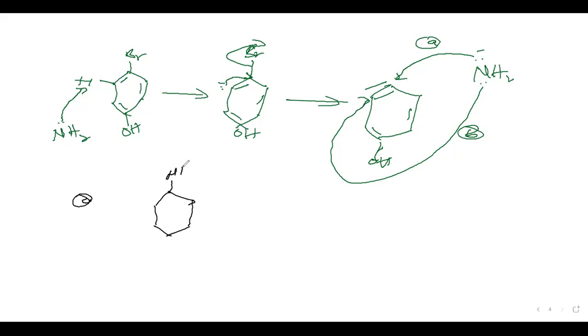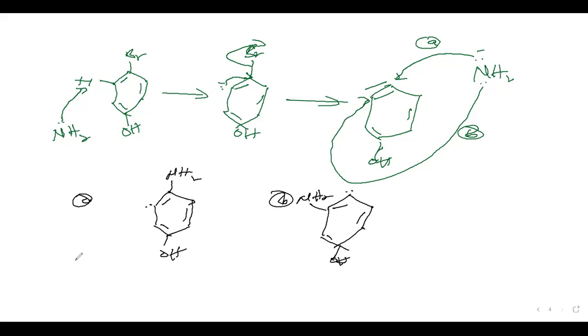The NH2 will be here, the OH will be here, and then double bond, double bond, double bond. The electrons will be back here. Now, if it's attacked by the B, then the OH will be here, the NH2 will be here, with the electrons deposited here, double bond, double bond, double bond.